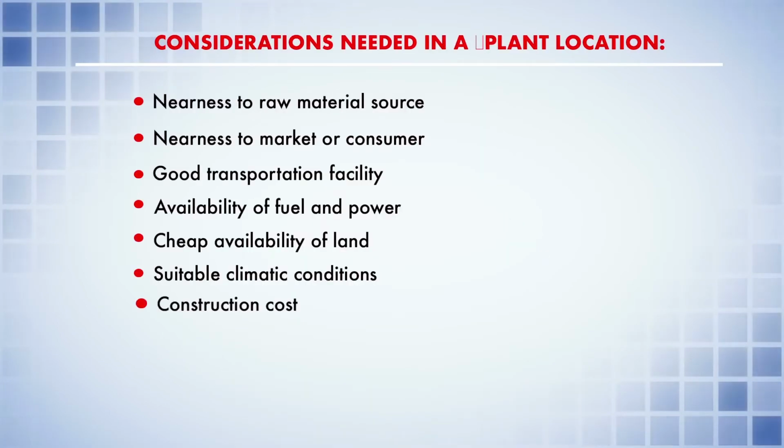Now, the construction cost. Once we have decided a location, then we will go for the construction of the manufacturing unit. Therefore, we should consider the construction cost, because it makes up a considerable amount of the initial cost of a manufacturing unit.